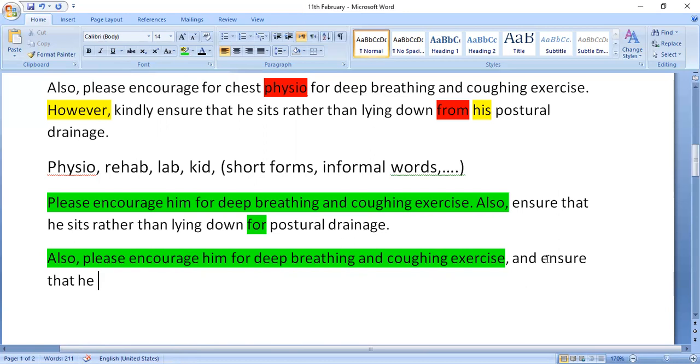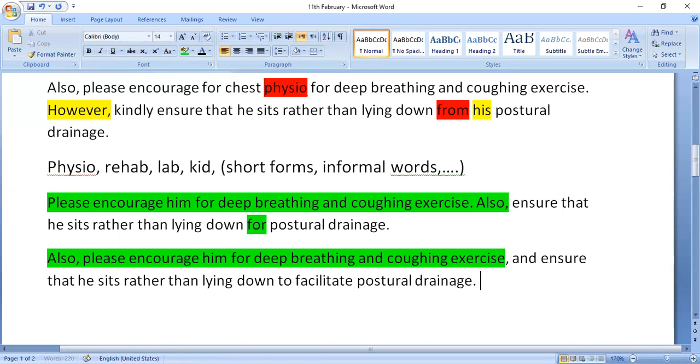Okay, let us write the same. Ensure that he sits rather than lying down to facilitate postural drainage.